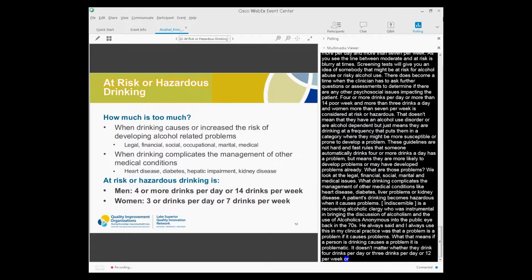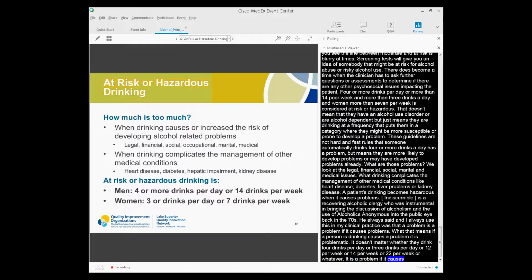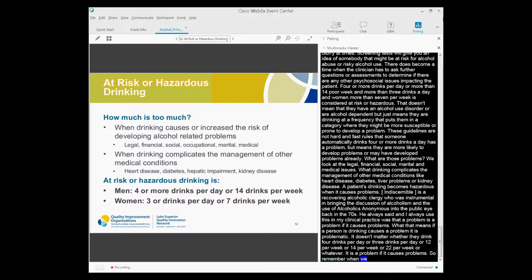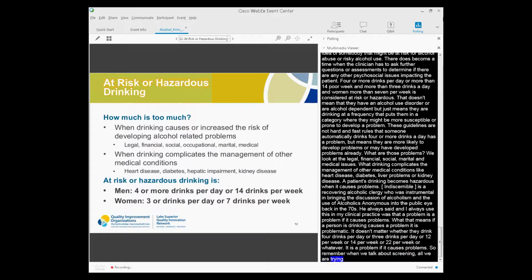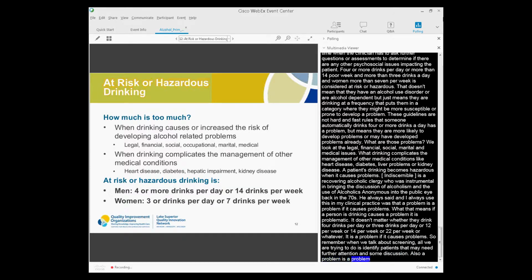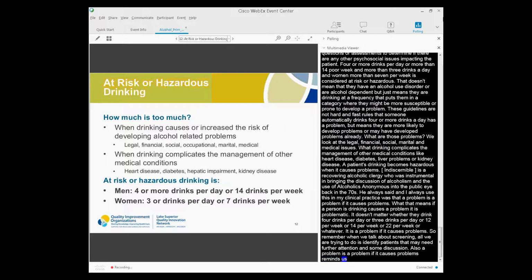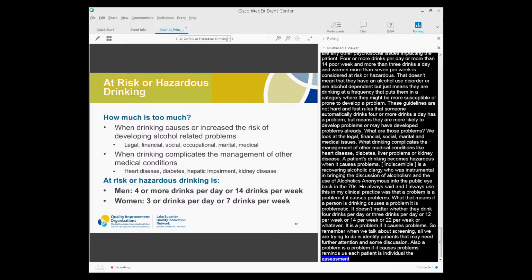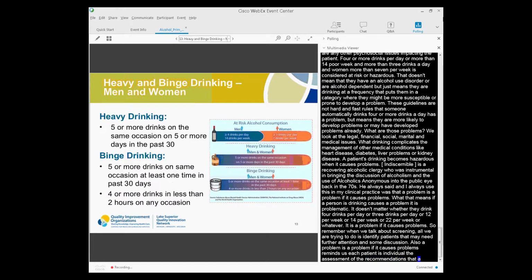So remember, when we talk about screening, all we're doing is trying to identify those patients that may need further attention and some discussion. It also reminds us that each patient is individual, and the recommendations that a physician will make to a patient about moderating or reducing their drinking will be individual to them.